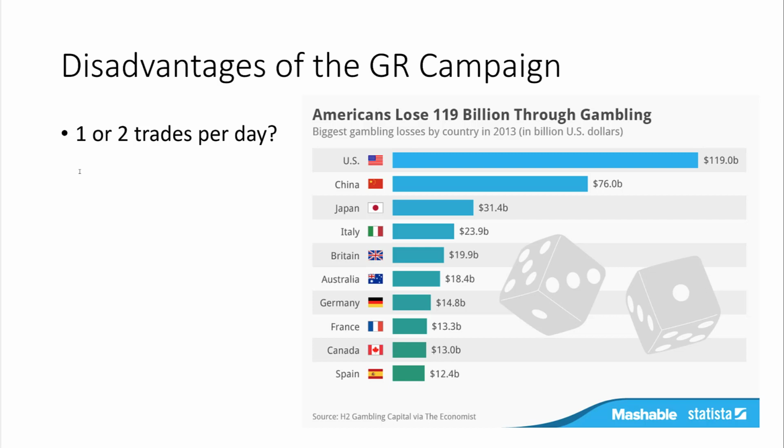So 1 trade with a high probability of success and a decent return on your investment is great, but some people might think that's not enough and they want more. Well, that will be considered a disadvantage.